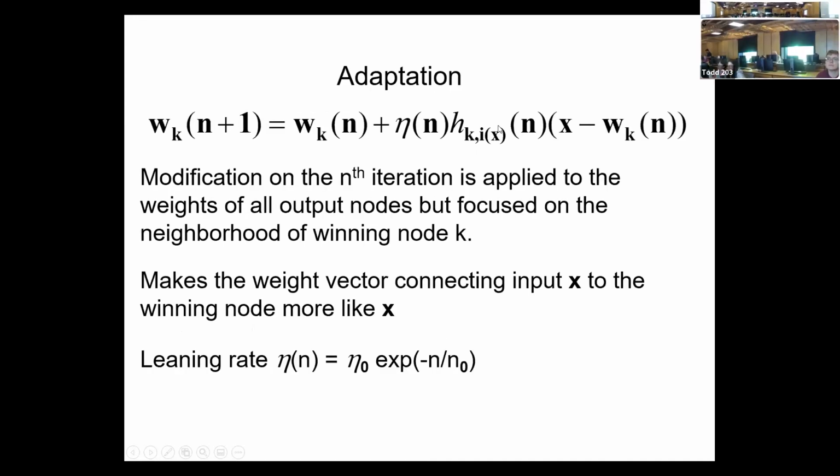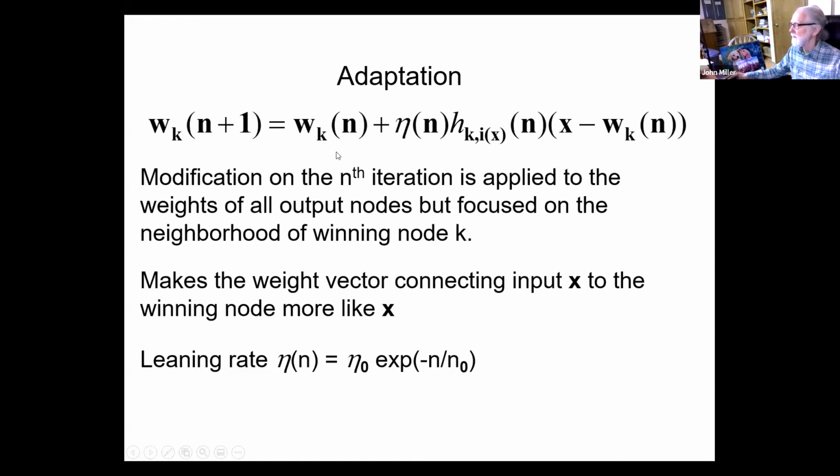So once we've got the size of the neighborhood, that's given by this factor h sub ki of x as a function of what iteration we're on, and we decide on a learning rate for the typical cycling back and forth between the value of the nodes and what we want them to be, and then that multiplies the actual distance between input value x and weight vector k, and that determines how much we're going to modify weight vector k in order to get the next version of weight vector k, which we expect to be even more like the input vector x than the previous iteration.